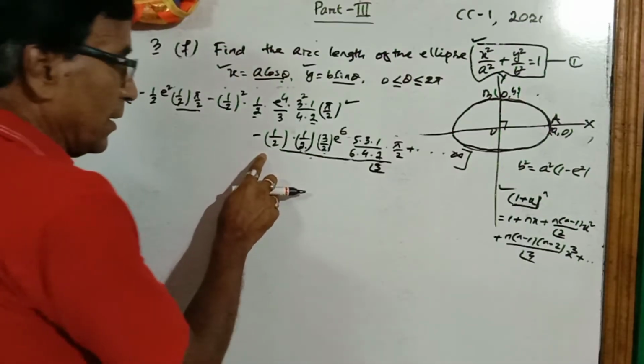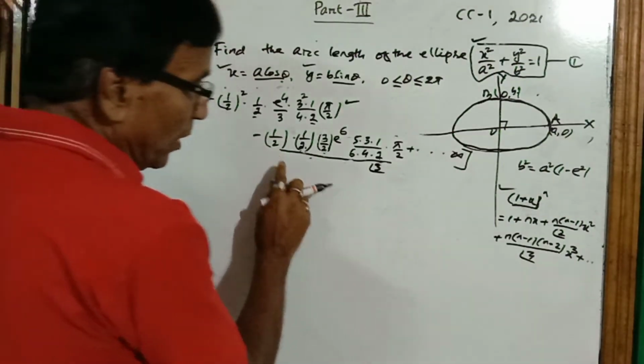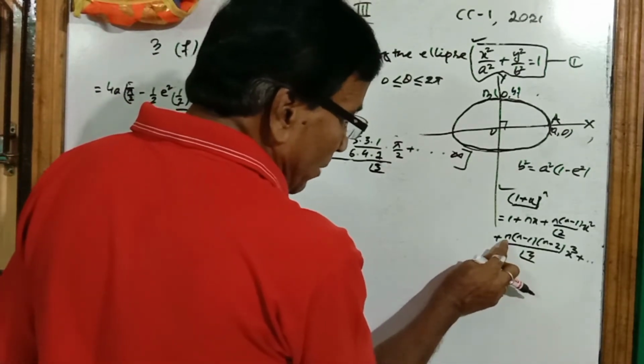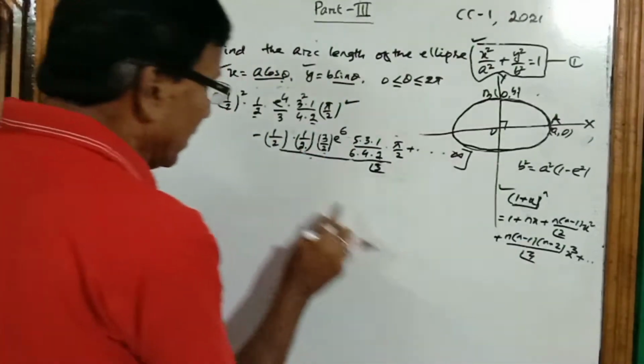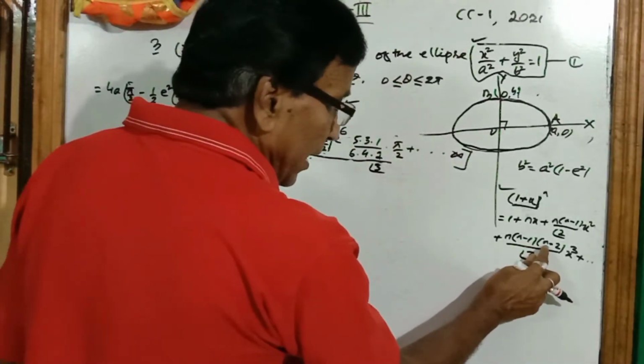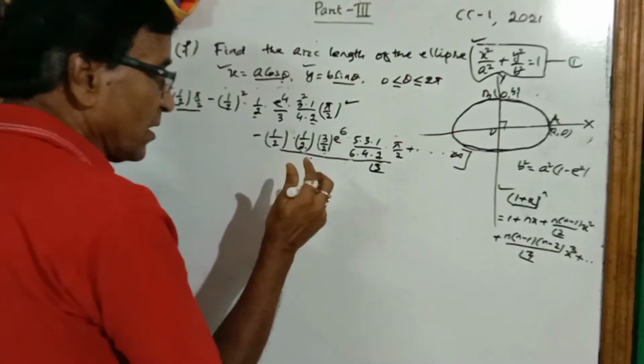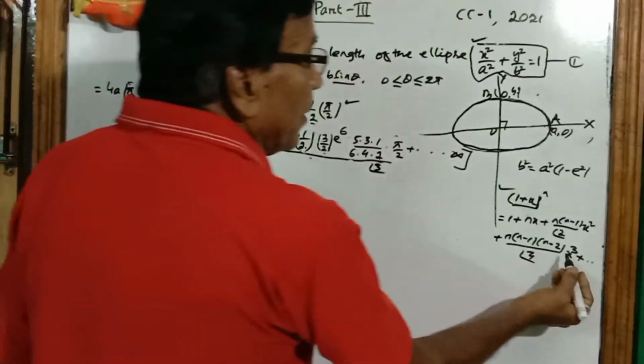So in the third term here you see, putting n equal to 1 by 2, it is 1 by 2 into 1 by 2 minus 1, that is minus 1 by 2, into 1 by 2 minus 2, that is minus 3 by 2. Again into x cube.